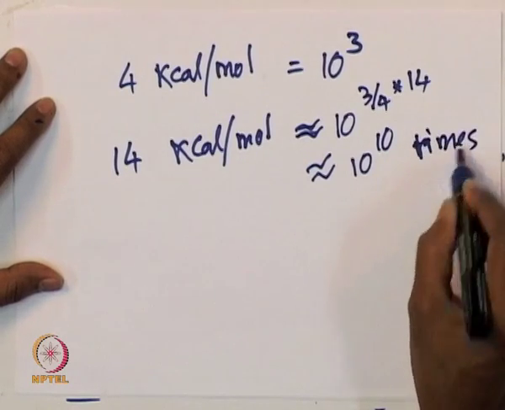Again, this is a very rough calculation and not really the exact way, but this is how experimental chemists quickly calculate how much rate difference is there. The rule of thumb again is 4 kcal per mole delta G double dagger difference means 10 to the power 3 times rate difference, and if it is 14 kcal per mole, that will be calculated to be 10 to the 10 times rate difference, and it is a lot of difference in the rate.